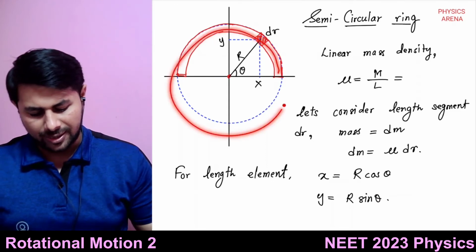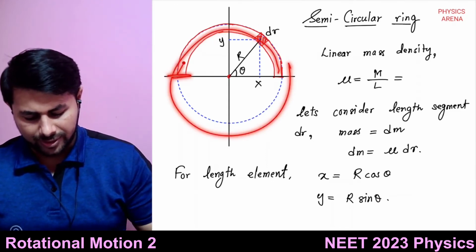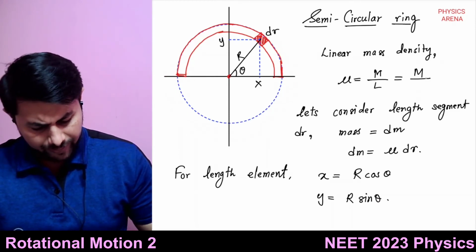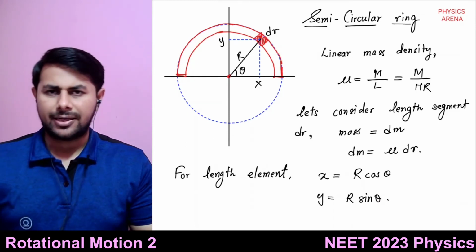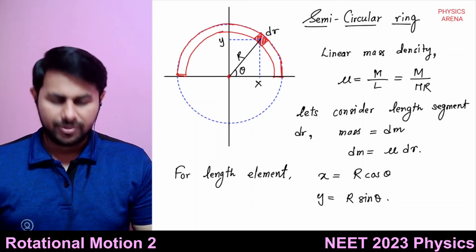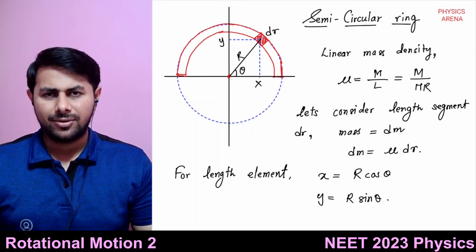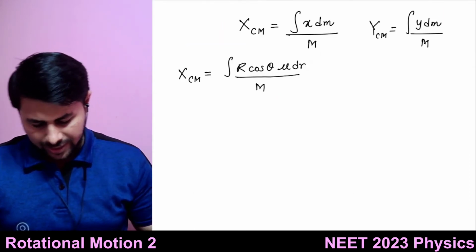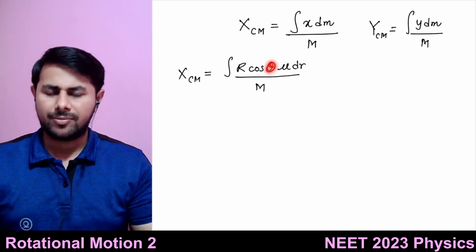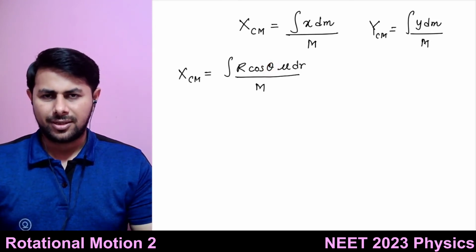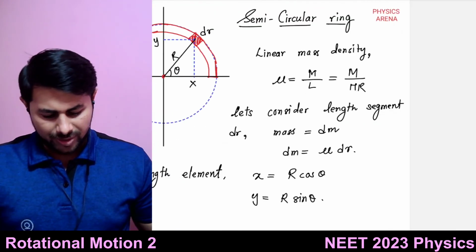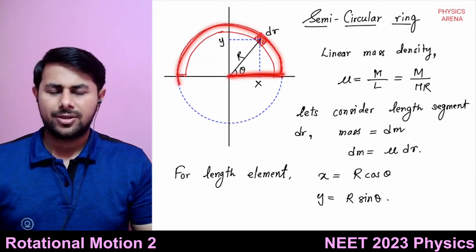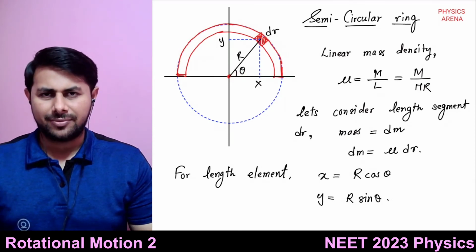Circumference is 2 pi r, but we have only half of that, so length is equal to pi times r. So the minimum is 0, the maximum is pi times r. That's one variable, and theta is another variable. The minimum value of theta is 0. How much is the maximum value, from here to here? It's 180 degrees, or pi.